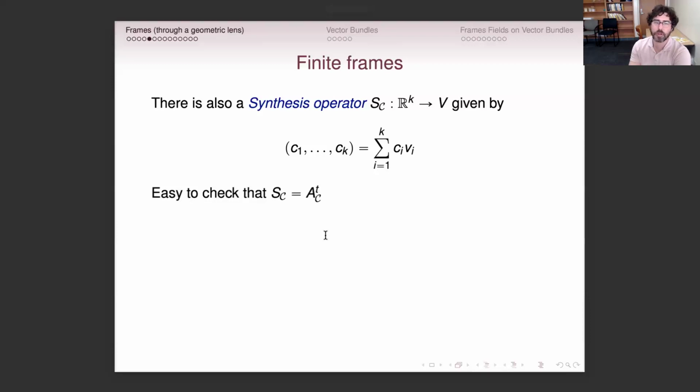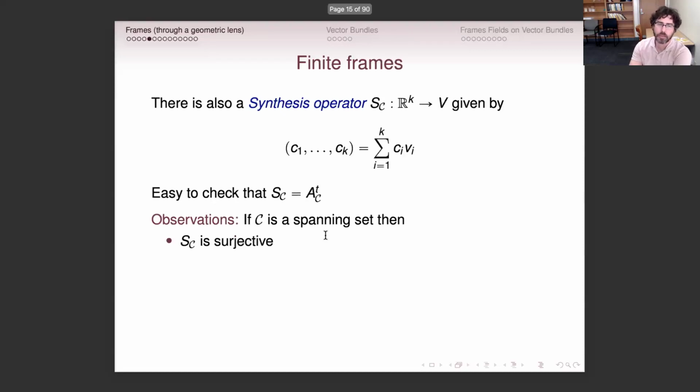And if you think a little bit about it, you'll realize that the synthesis and analysis operators are transposes of one another. This is an easy computation. And that actually gives me some useful information. So if the collection I started with was a spanning set, then that definitely means that my synthesis operator is surjective, because the image is just all the linear combinations I can build out of my collection of vectors.